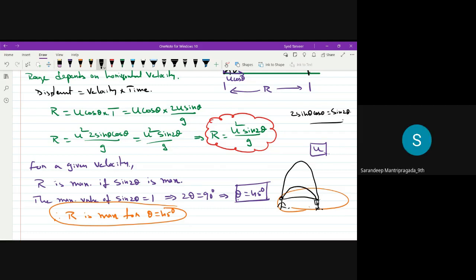Somewhere between. In order to cover the maximum distance, range to be maximum, you throw it at an angle which is neither too large nor too small, and that is 45 degrees. If your angle of projection is 45 degrees, your range will be maximum.